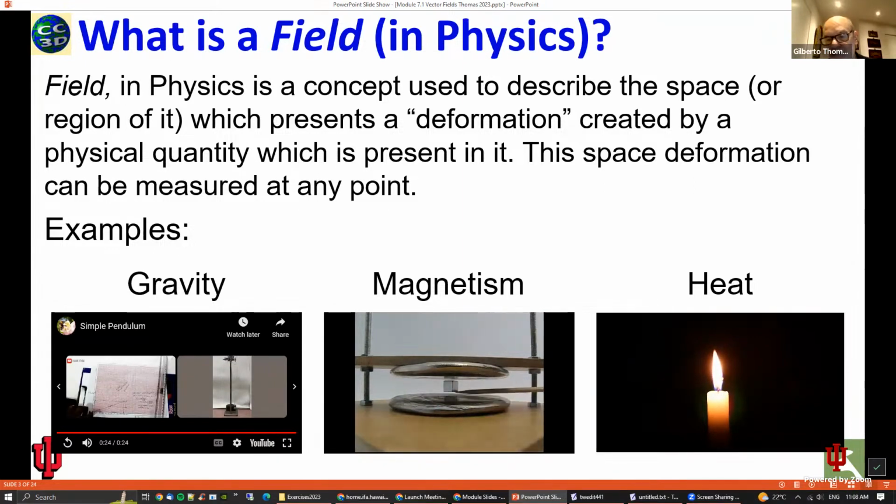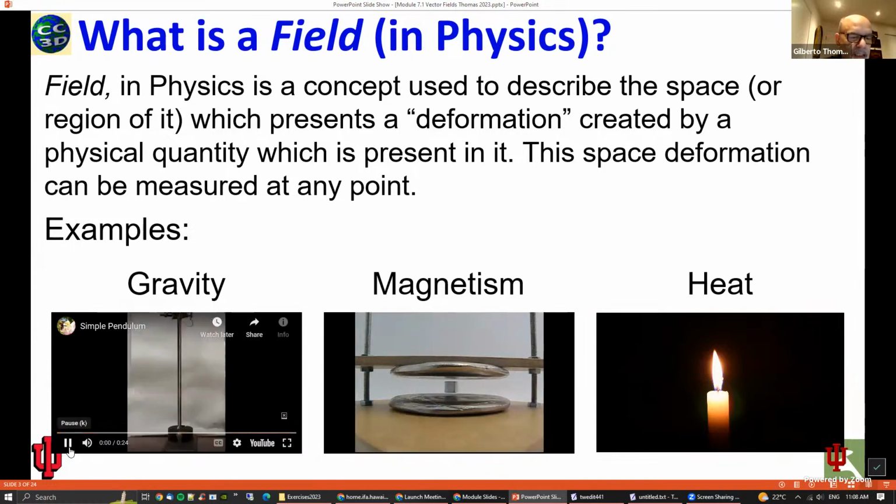The candle just creates heat, temperature differences around it. The magnetism there makes that small cube float. And the first one, gravity, makes the pendulum bounce back and forth. So this is our interpretation of a field, like a modification of the space.